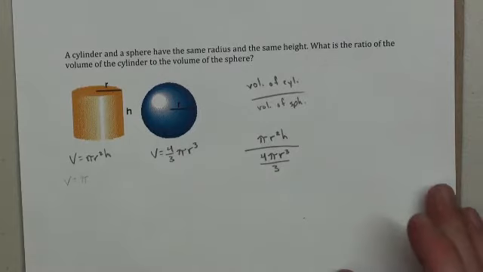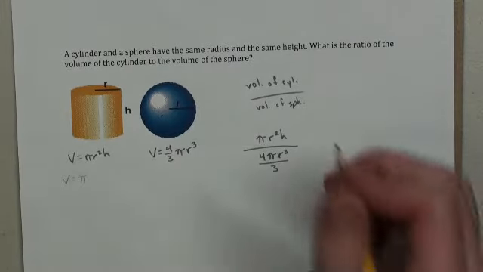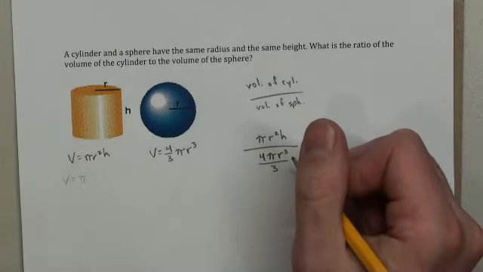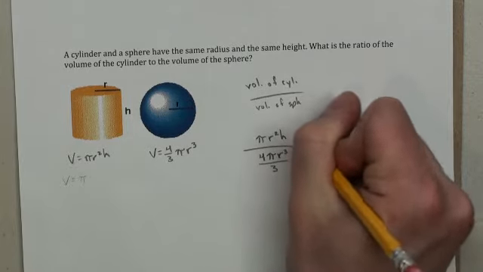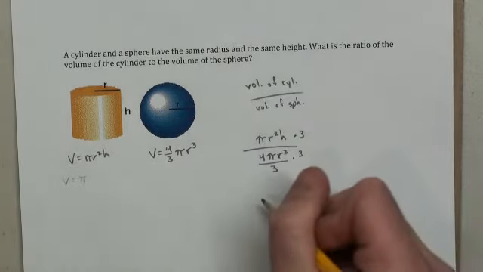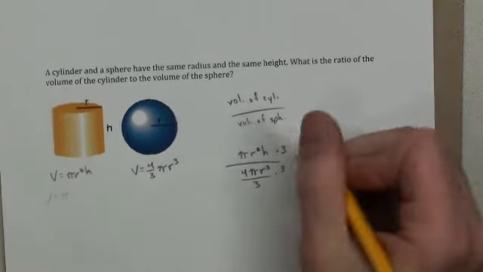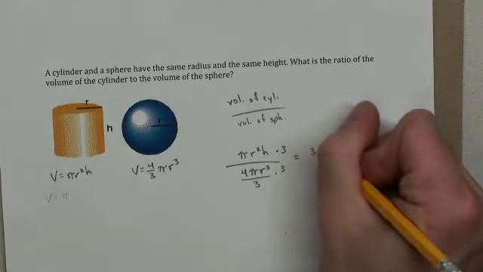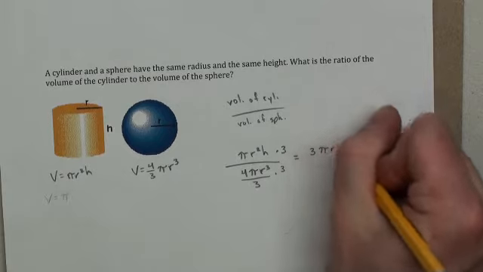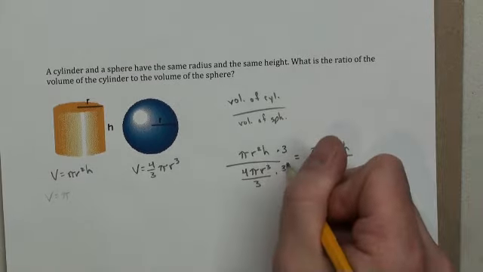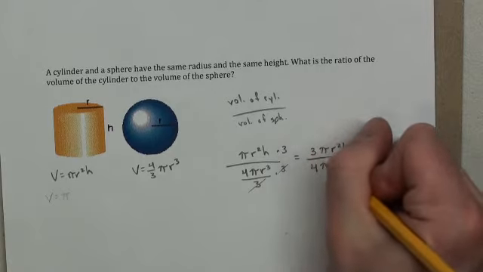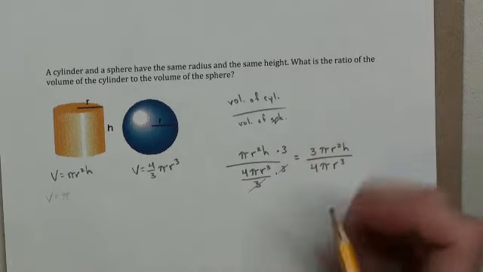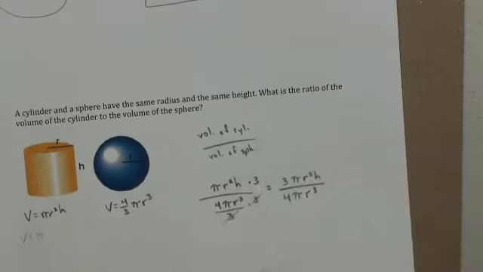Now I got to simplify this. So what I can do is multiply the bottom by 3 and the top by 3. That will give me 3 pi r squared h over, that 3 will cancel with that 3, 4 pi r cubed. Now I keep going.